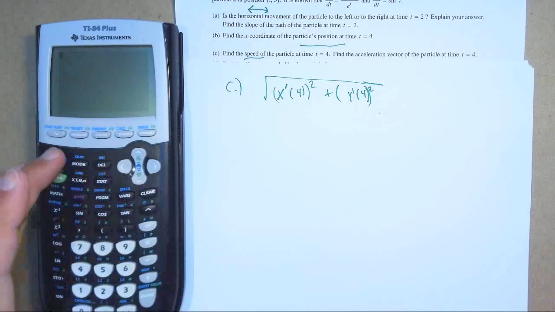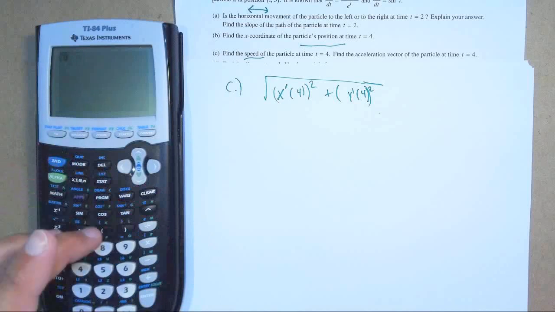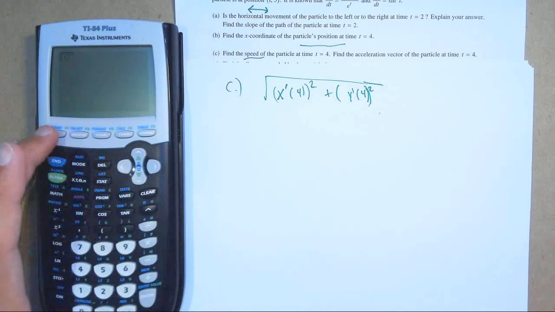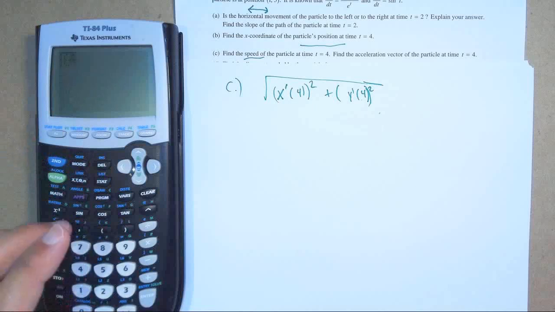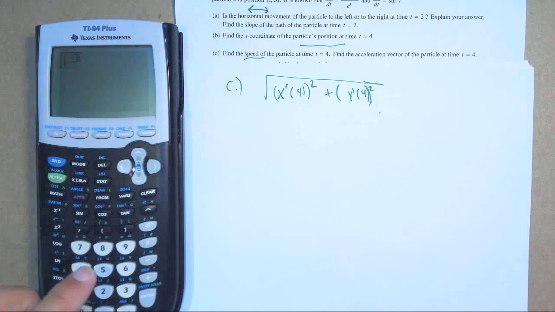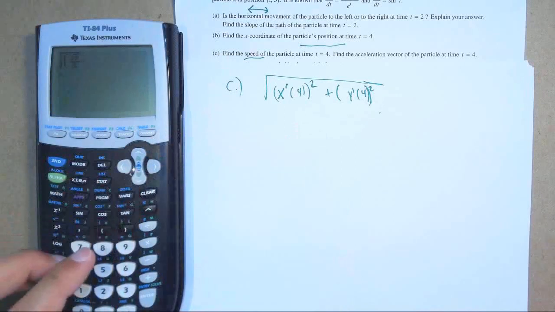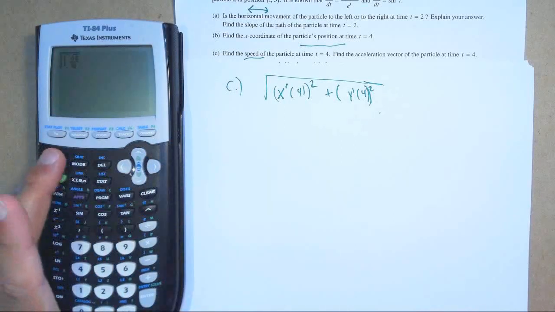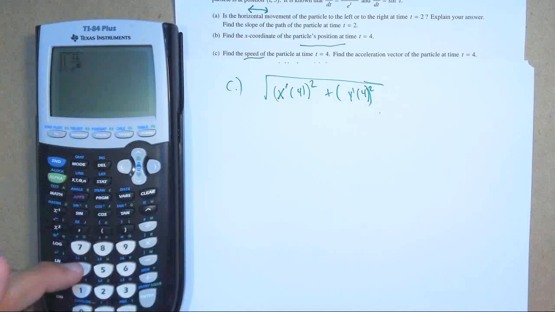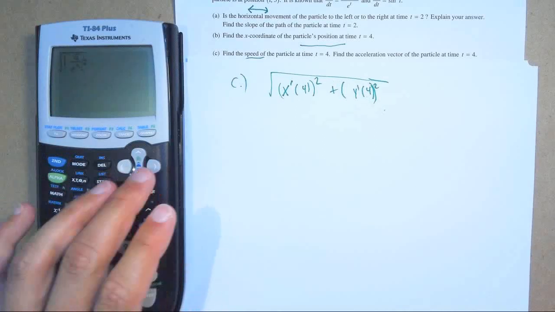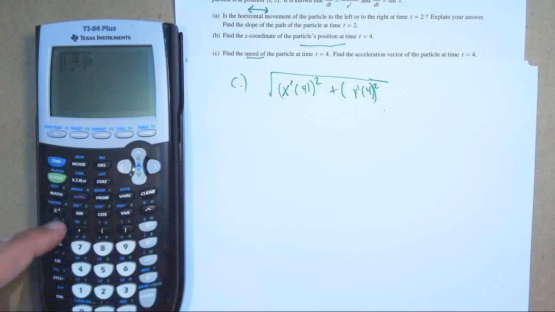Let's start over. Okay, so square root of 4 plus 2, which is 6, over e to the 4, because I'm plugging in 4. Close it, and don't forget to square it.